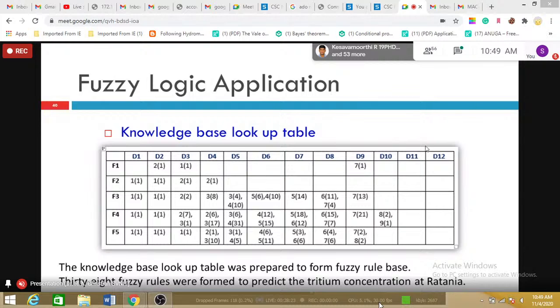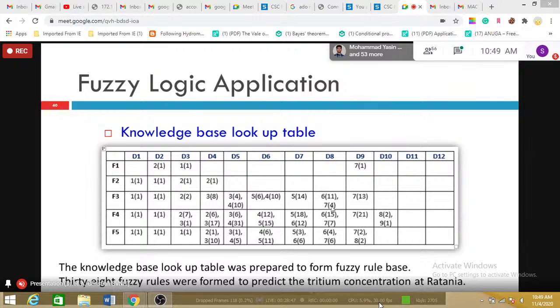That condition never happens. Similarly, all those blanks I would eliminate. Where 2 values are there, here 7, the 4 and 11, I would pick up 6. I would eliminate this rule, F3, D8, 7. I would eliminate that rule.